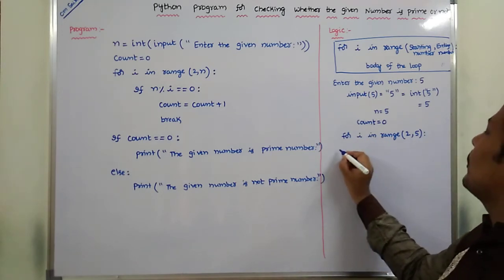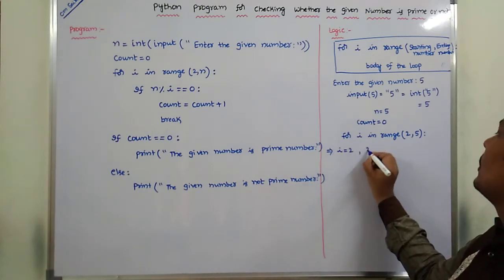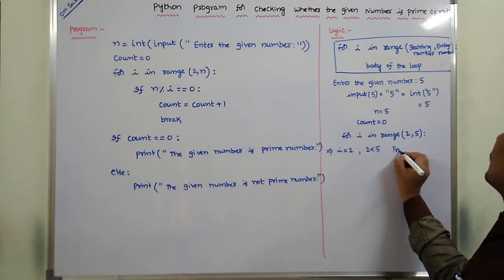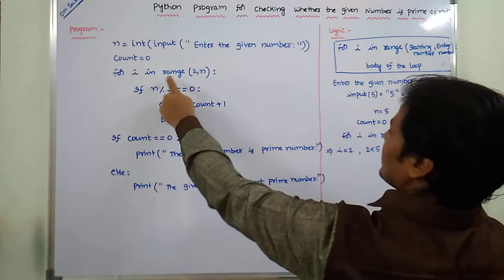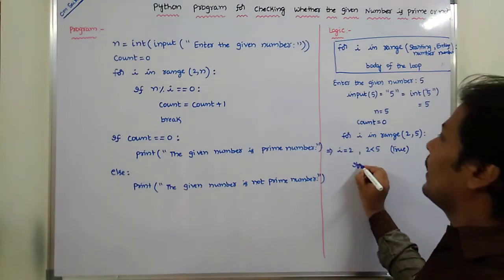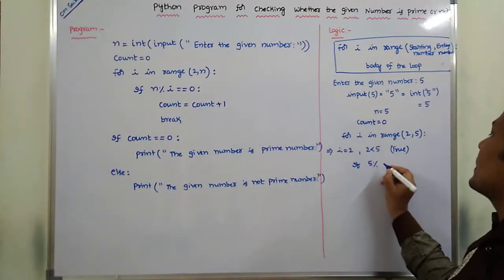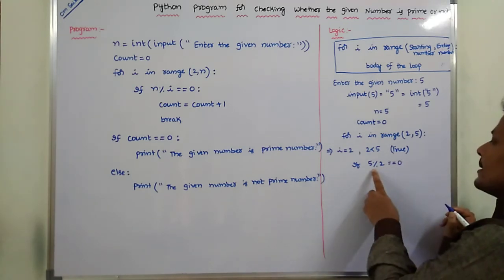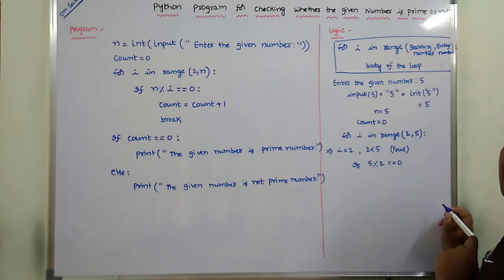Now the first step, i value is equal to 2. 2 is less than 5, so the condition is true. Then if the condition is true, go to the body of the for loop. In the for loop, if n modulus operator i, n value is 5, 5 modulus 2, is equal to 0? That means if 5 can be divided by 2, the remainder is equal to 0.